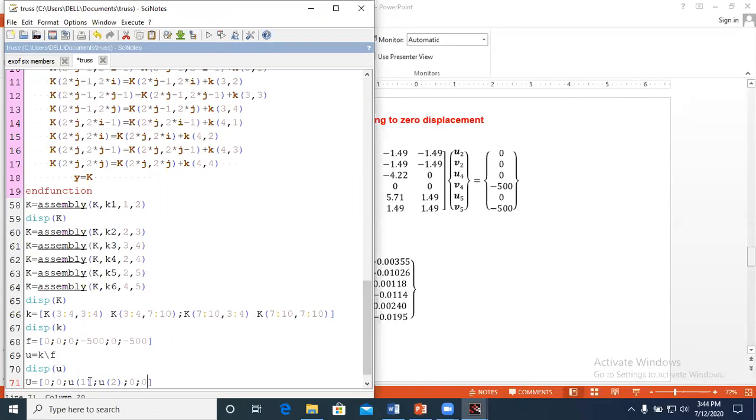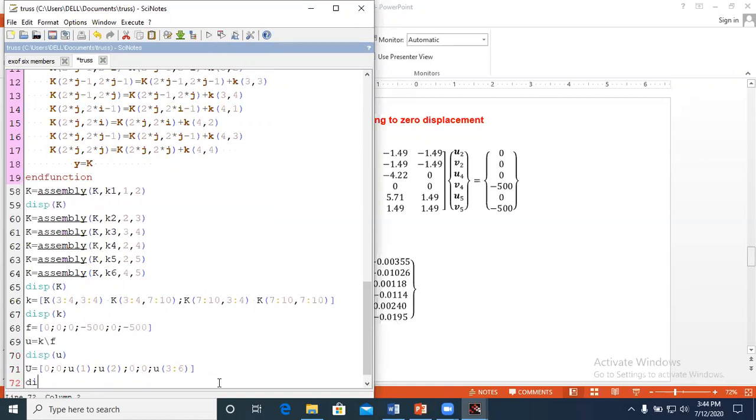Next you can write colon u in bracket 3 to 6, that is 3, 4, 5, 6. Okay, we'll check it. Display U.